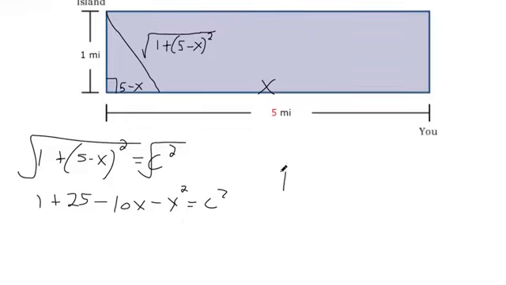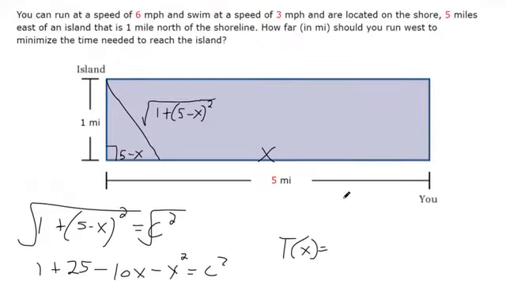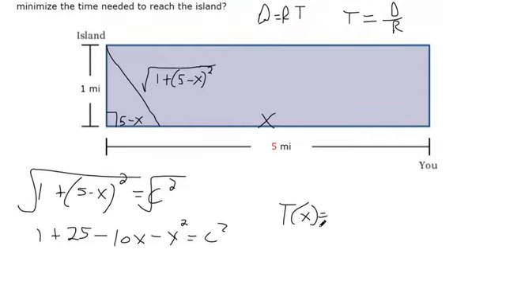So the time function depends on this x variable. The time depends on the amount of time we spend running, which is this distance, and then we have miles per hour. In the classic equation, distance equals rate times time, right? If you want to solve for time, the amount of time you spend doing something is the distance divided by the rate.